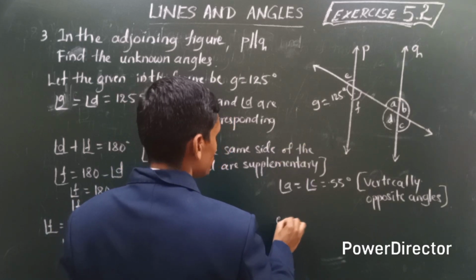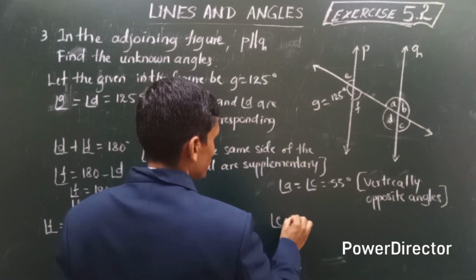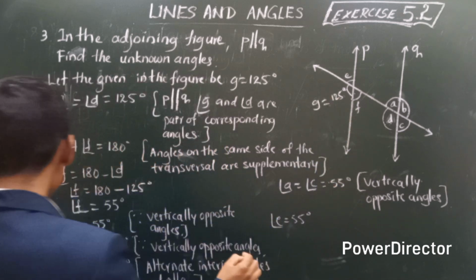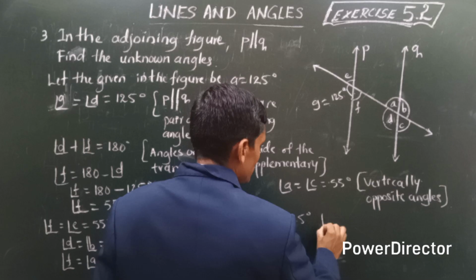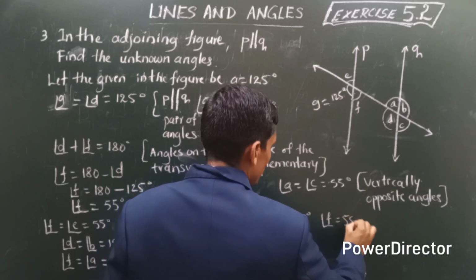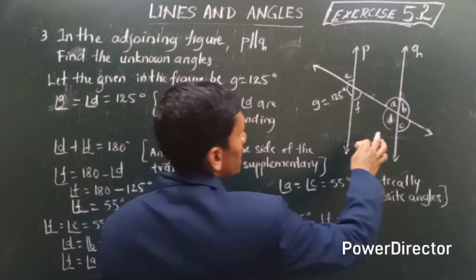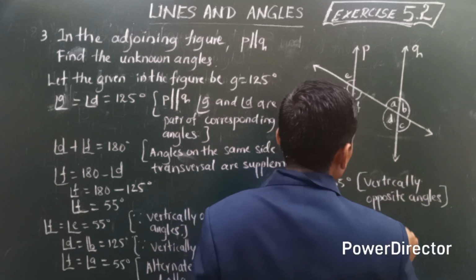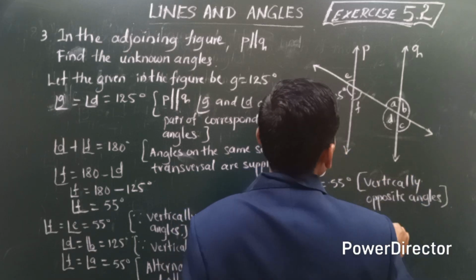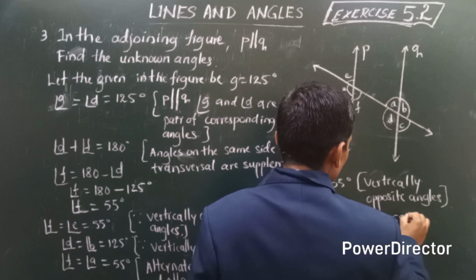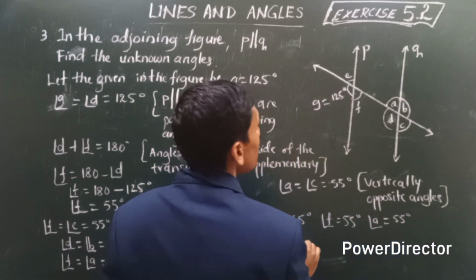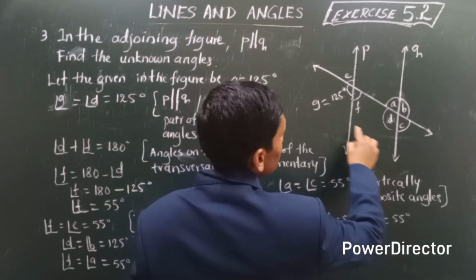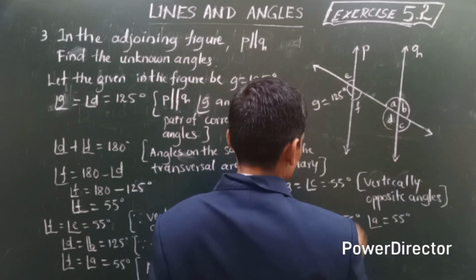So now we got angle E is equal to 55 degrees, angle F is equal to 55 degrees. Angle A is also equal to 55 degrees. Angle C is equal to 55 degrees.